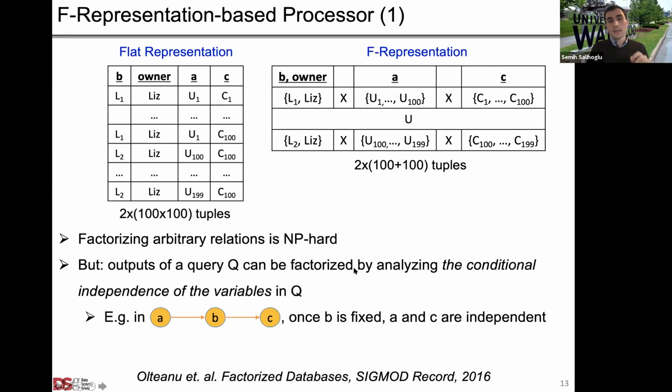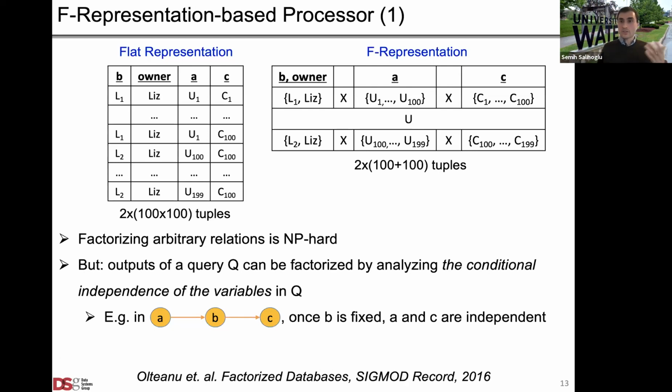You can see in this query that once B is fixed, the sets of A's and C's are independent. That's because there is no further join predicate between A and C nodes. There's nothing joining A and C. And in the where clause of my query, there was, again, nothing that depended a property of A on a property of C, let's say. So they're actually completely independent, right?